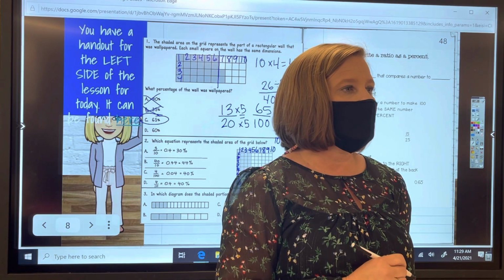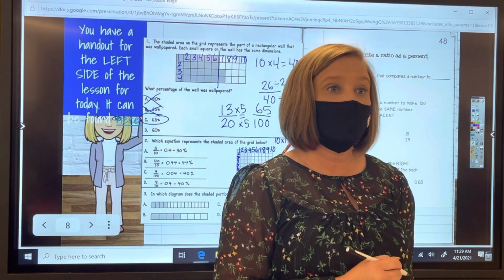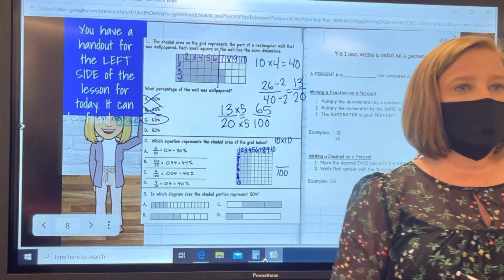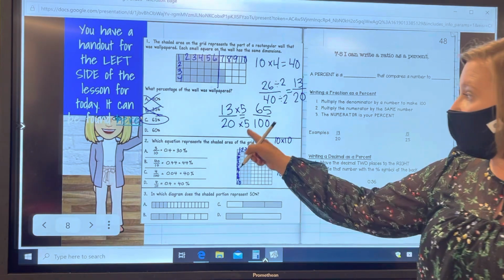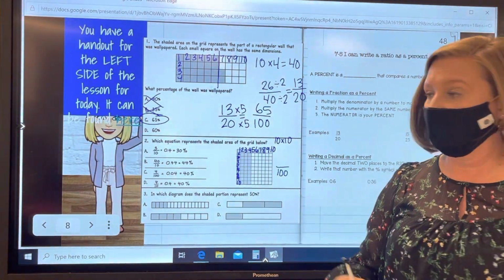How many squares? 10 across and 10 down. So how many total squares are there? 100. How many squares are shaded? 4 columns. So 4 times 10 is what? 40.